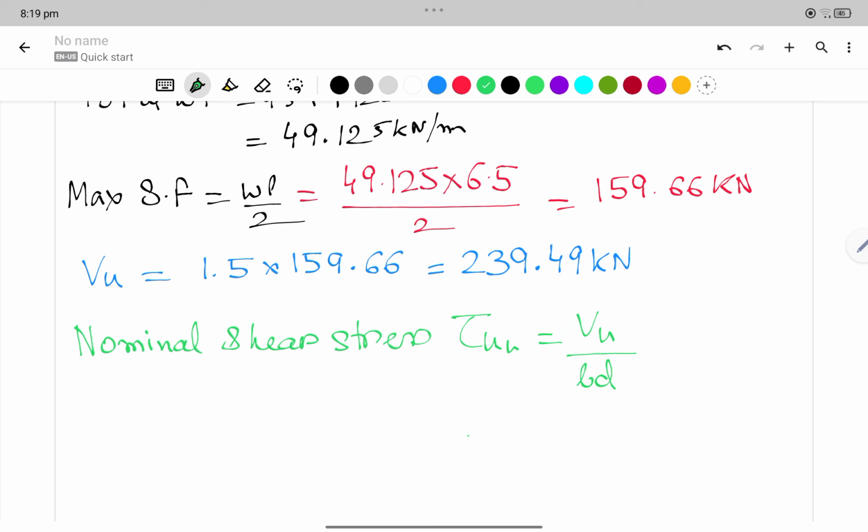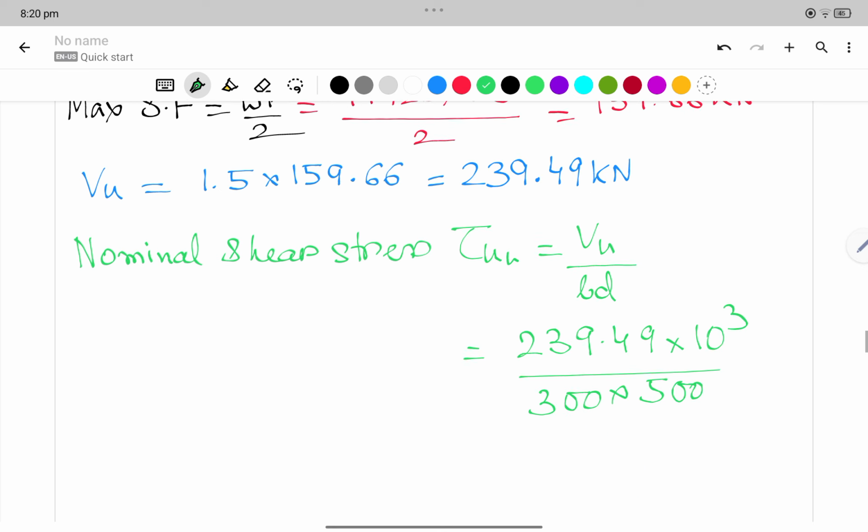So here it is 239.49 kilonewton, which we convert into newton by multiplying by 10 to the power 3, divided by b, which is 300, and small d, where we subtract 50 from the overall depth, so small d is 500. It is coming to 1.596 Newton per mm square. So this is tau v, the nominal shear stress.